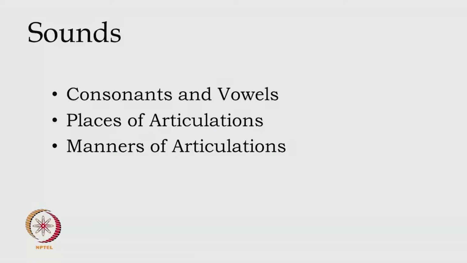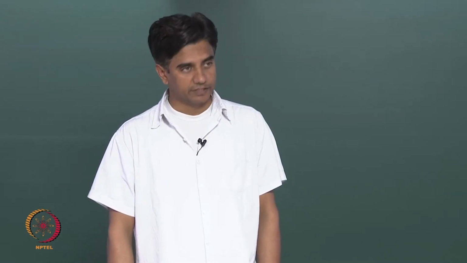We will continue talking about sounds. So far, we have looked at consonants and vowels, and then we were looking at places of articulation of different vowels and different consonants, and manners of articulation of different consonants and different vowels.